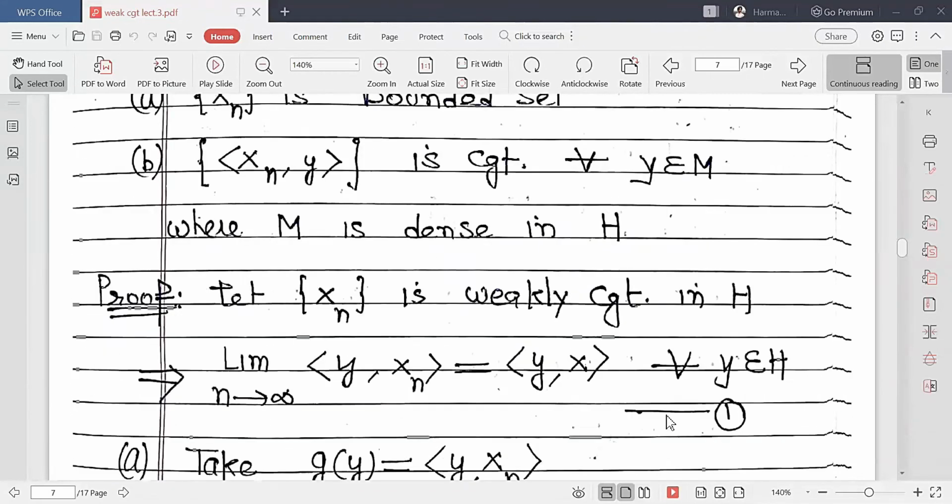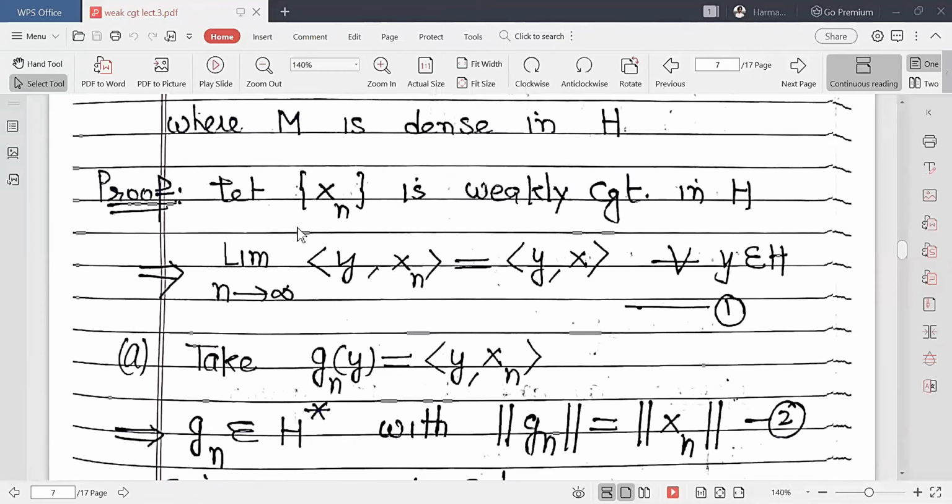Now let Xn be a sequence which is weakly convergent in H. Then by definition, this is equation number 1.